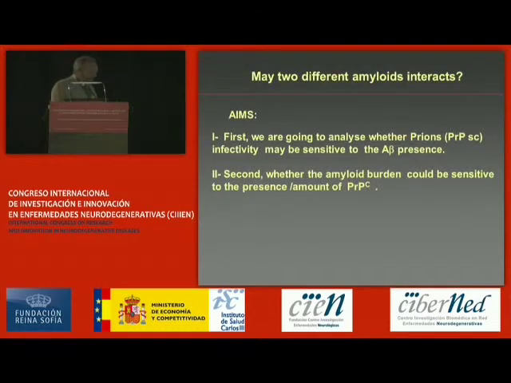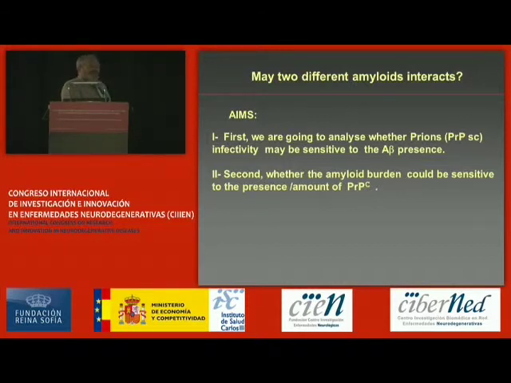At that point, we were trying to analyze two different things, in an initial collaboration with a CIBERNED group, Tony Del Rio's group, and another group outside of CIBERNED. The question we were trying to answer was whether there is a possible interaction between two different amyloids.